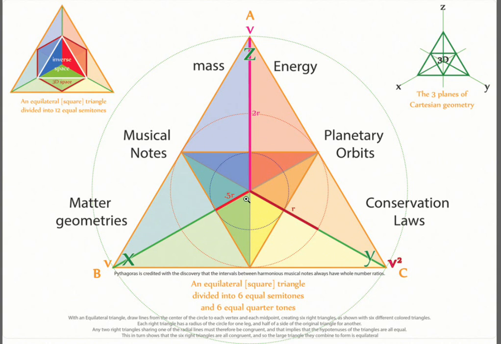Of course, this same geometry, drawn as a flat Euclidean geometry in this case, can be revisualized to represent the x, y, and z axes of Cartesian geometries, or c to the third relativistic geometries.